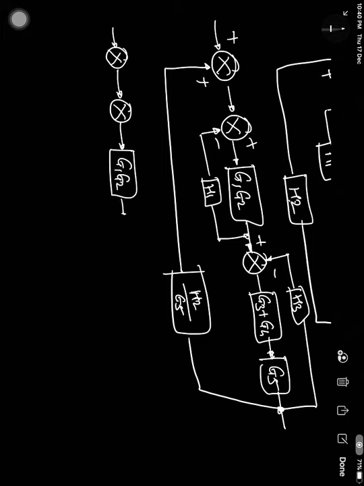We keep the summation block as it is, and here H3 as it is.